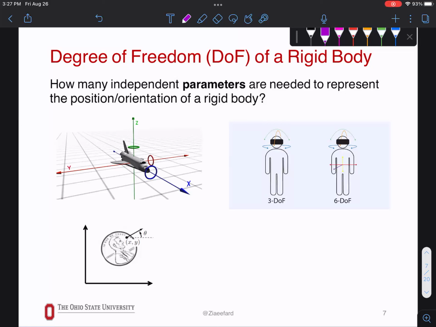Now for humans, let's say another object, I'm using myself as an object. If I'm grounded, the only way I can move, let's say I'm trying to look at things, is to rotate this up, down. So 3, only around 3 axes. Now, if you are very talented, you can also do that. But if I add the whole body, now I can actually go forward, backwards, and that becomes 6.